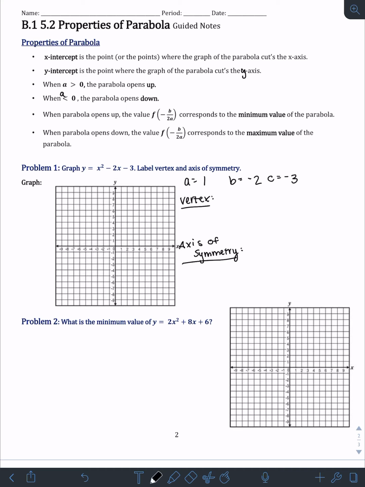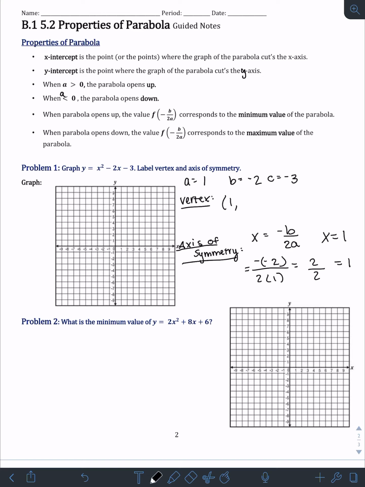I don't care what order you find them in. Sometimes I'll find the axis of symmetry first and then find the vertex. It doesn't really matter. To find the axis of symmetry, we want x equals negative b over 2a. And remember, this is written as an equation because it is a line. So b is already negative 2, so we take negative 2 and make it negative and divide it by 2 times 1. So we get 2 over 2, which is 1. So x equals 1, and I know that the x-coordinate of my vertex is also 1.